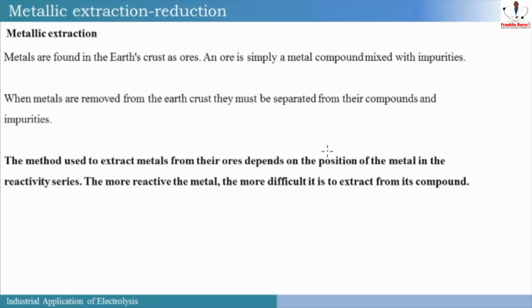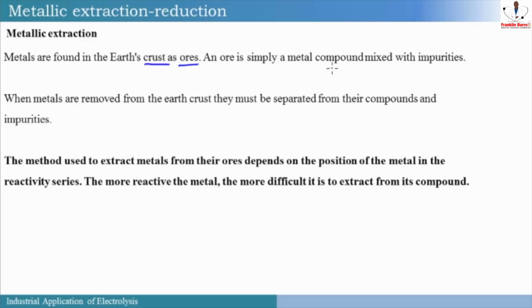Let's talk a little about metals and where they are found in their natural state. So you'll see that metals are found in the earth crust, and they are found as ores, O-R-E-S. An ore is a metal compound mixed with impurities.